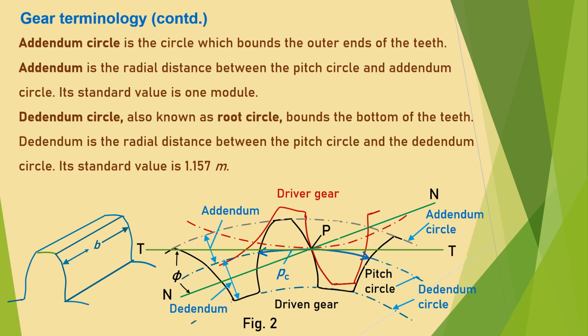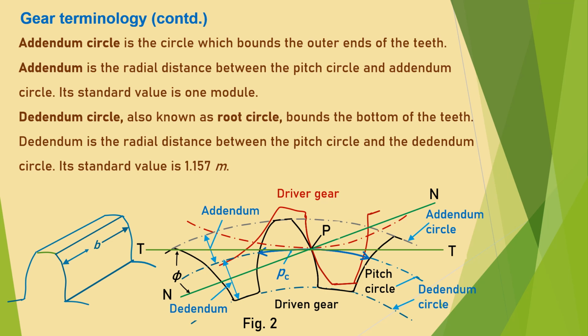Refer to figure 2. The addendum circle is the circle which bounds the outer ends of the teeth. Addendum is the radial distance between the pitch circle and the addendum circle. Its standard value is 1 module.